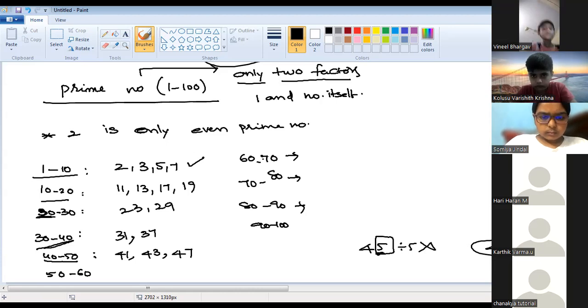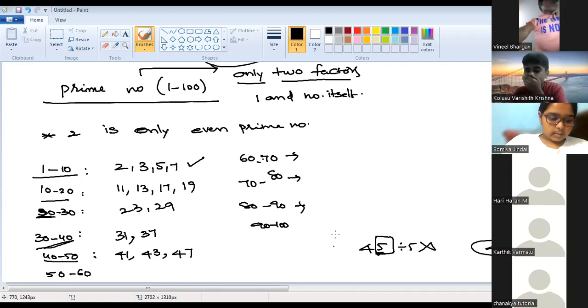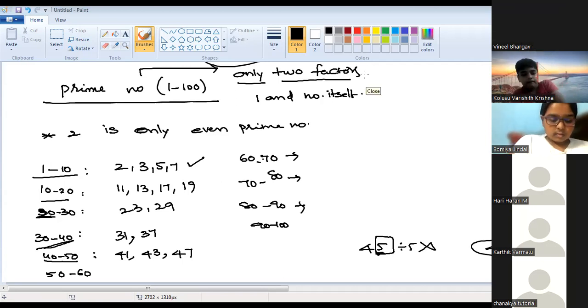Send the prime numbers from 1 to 100. Very good. Let me check who is sending 1 to 100 prime numbers in their chat box. Let me check who is the genius in the class. Hariharan, how many prime numbers did you get between 1 to 100?